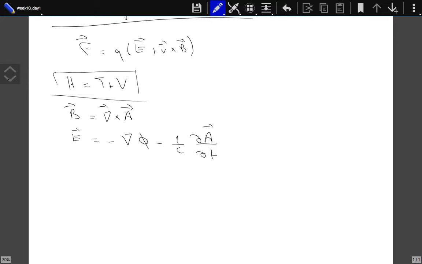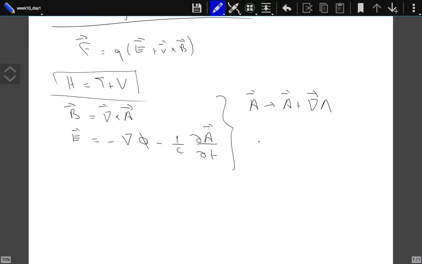And in fact, the origin of the gauge symmetry is basically these relations. You see, if A goes to A plus the gradient of some function lambda, the B field does not change, because the curl of the gradient is just 0. So the curl of A stays the same.